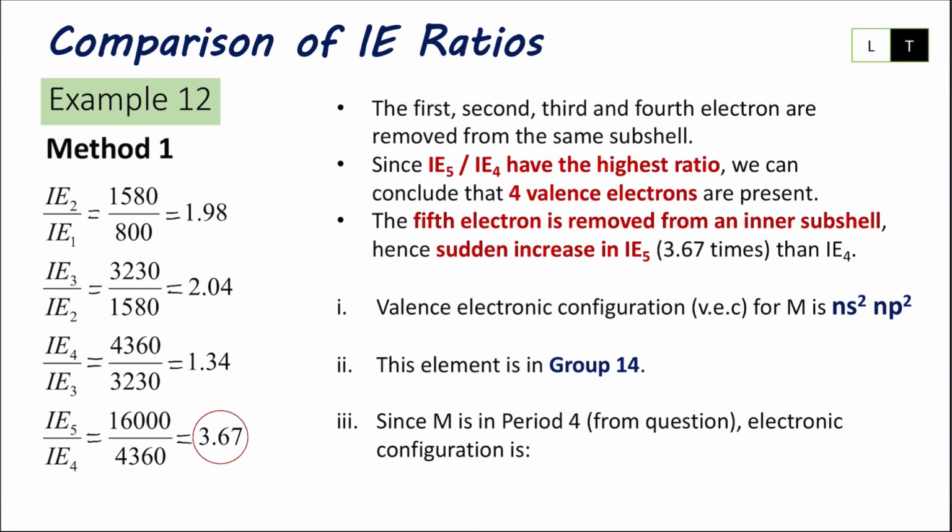So the full electronic configuration for M will be 1s2 2s2 2p6 3s2 3p6 4s2 3d10 4p2. So kalau awak nak tulis 4s2 dahulu sebelum 3d10 tak ada masalah. Cuma sebab dalam kes ni saya nak tunjuk same energy level lah. Sebab tu saya kumpulkan n equals to 3 all together at the same side. But please follow the Aufbau.